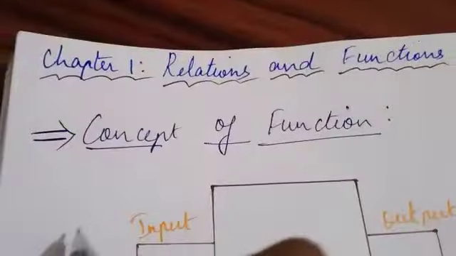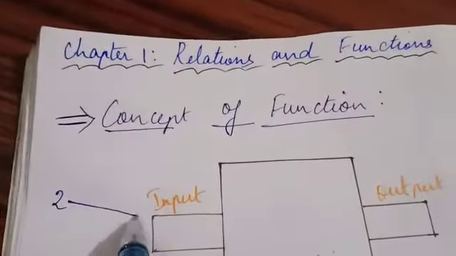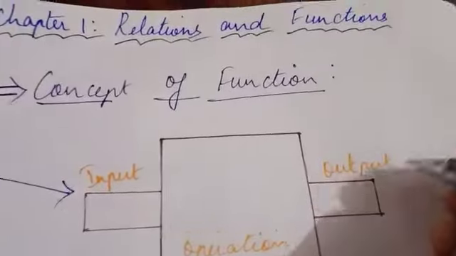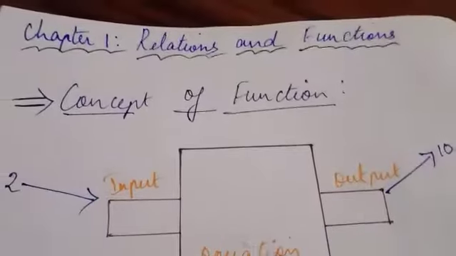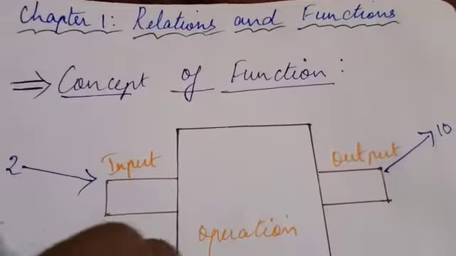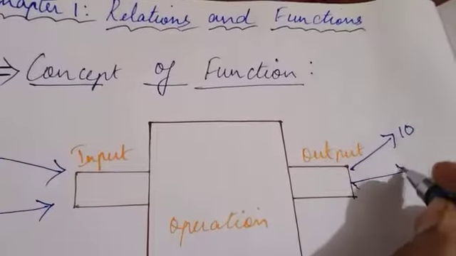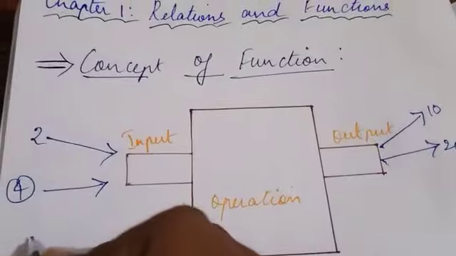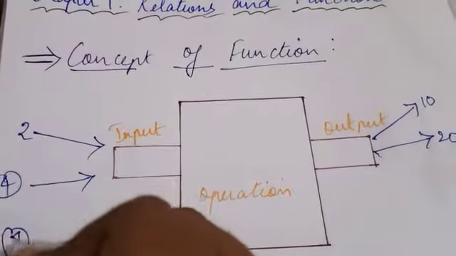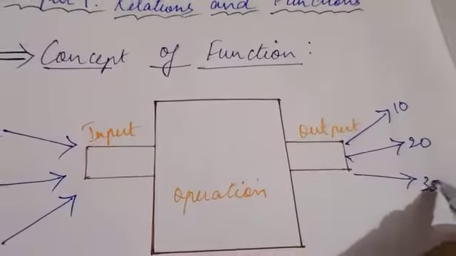Suppose I feed 2 to this input, then I'll get 10 as the output. When 4 is fed, my output will be 20. When I feed 7, my output will be 35.